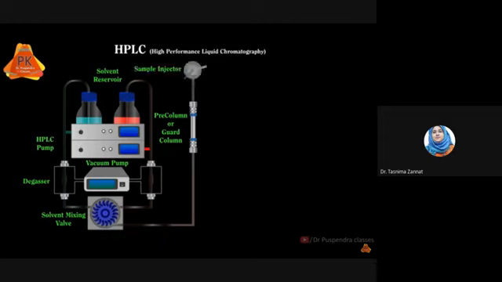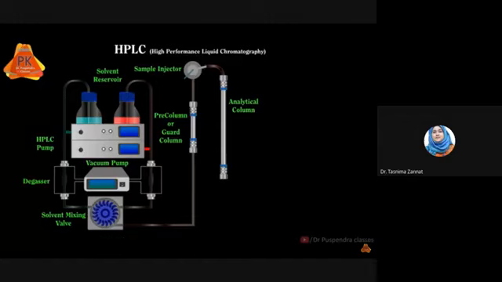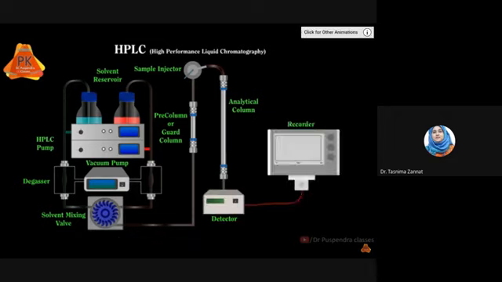Next part is sample injector, then analytical column, and the length of this analytical column is 10 to 30 centimeter, and again internal diameter of this analytical column is 4 to 5 mm, usually 4.6 mm. These analytical columns and the pre-columns are made up of stainless steel and filled with a stationary phase, and the commonly used stationary phase is ODS silica gel, and the common names of these columns are C18 columns. Next part is detector, and finally coming to the recorder.